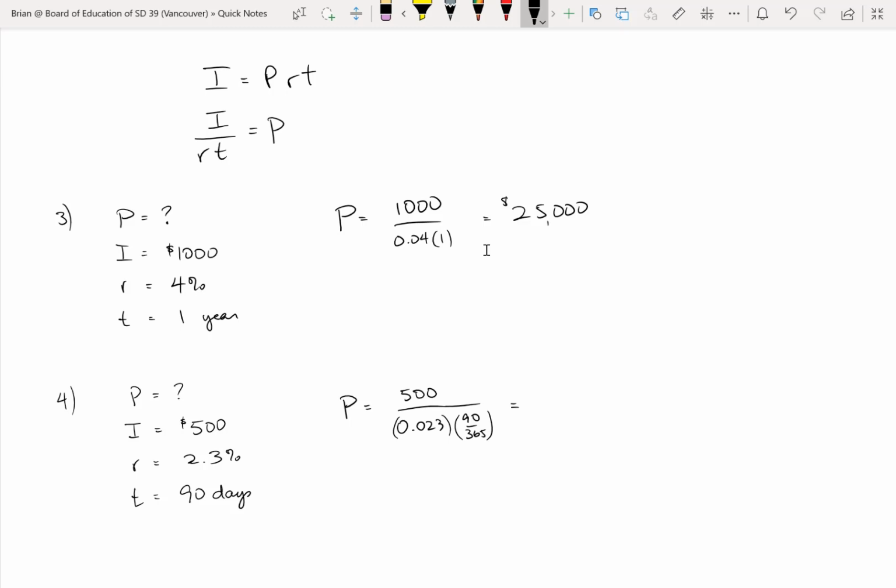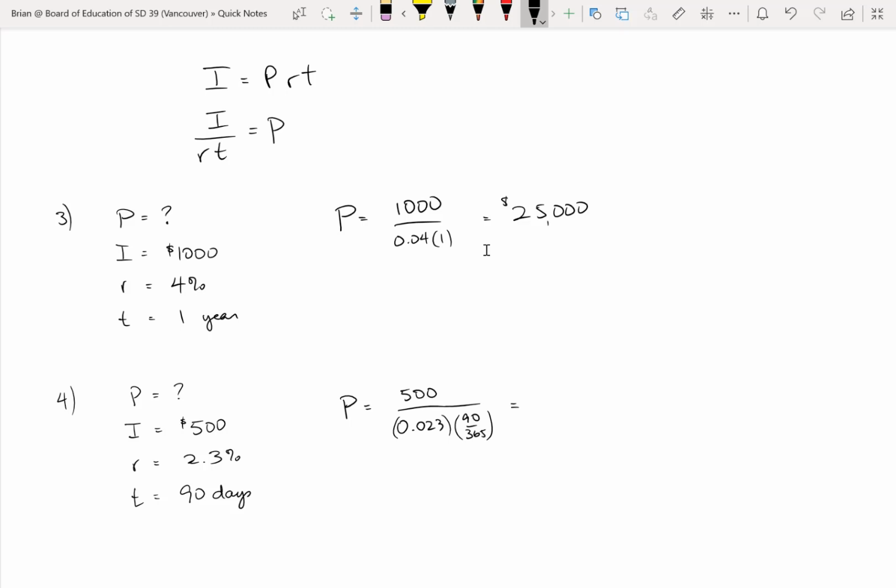So depending on the type of calculator you're using, you're probably going to want to use lots of brackets. So you're going to do 500 divided by, and then in brackets, 0.023 times 90 divided by 365, and then you close the bracket. If you don't put that product in the denominator in brackets, you'll end up not getting the answer that you want.